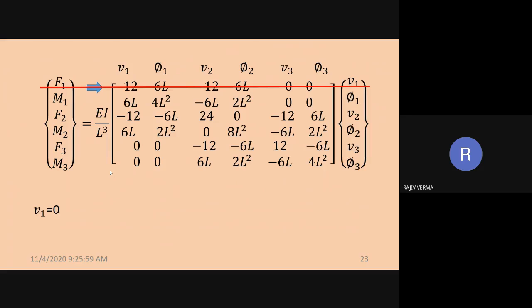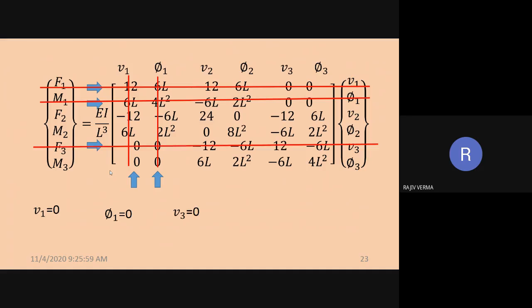So we strike off the first equation and the first column. The next parameter is phi 1 equal to 0, which corresponds to the second row and second column. Therefore, the second row and the second column also get struck off. Next is V3 equal to 0, which corresponds to the fifth row and fifth column, so the fifth row and fifth column are also struck off.